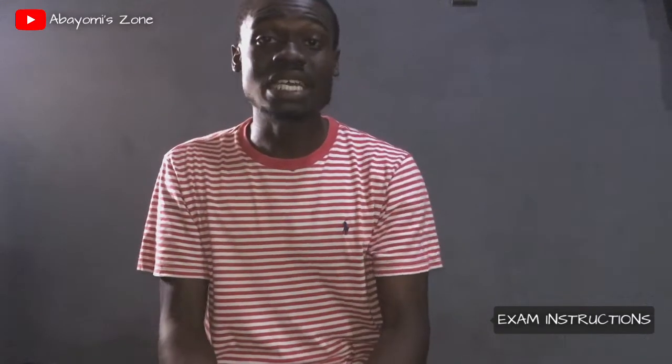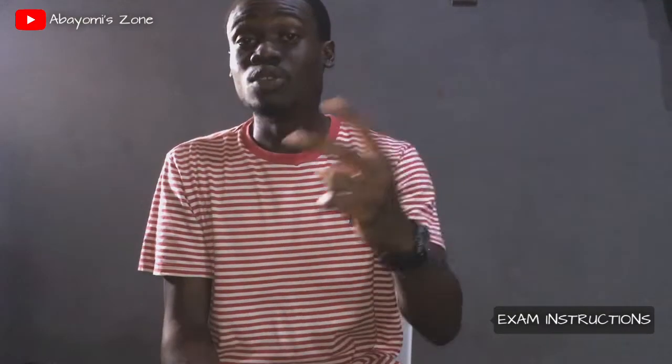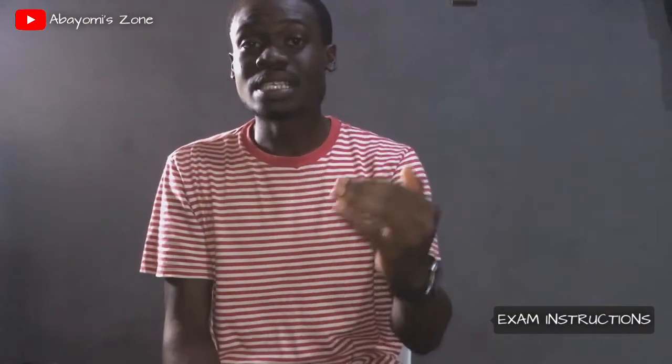So most of the time there are some instructions given out by the examiners in which they will ask students to answer maybe all questions, maybe 3 questions. Let's take for example you go for an exam and they ask you to answer 6 questions, and out of those 6 questions, your examiner in the instructions wrote that you should answer 3 questions and number 1 compulsory.